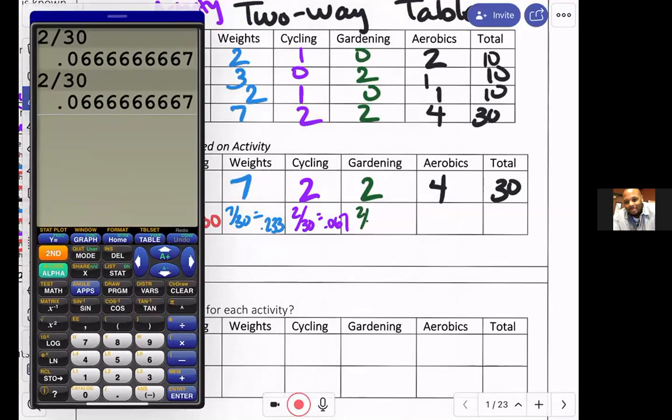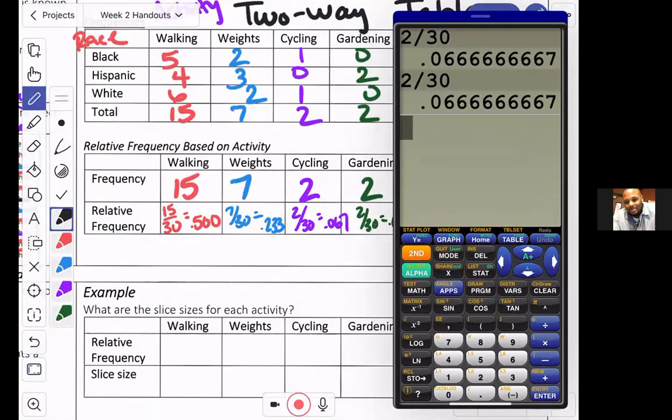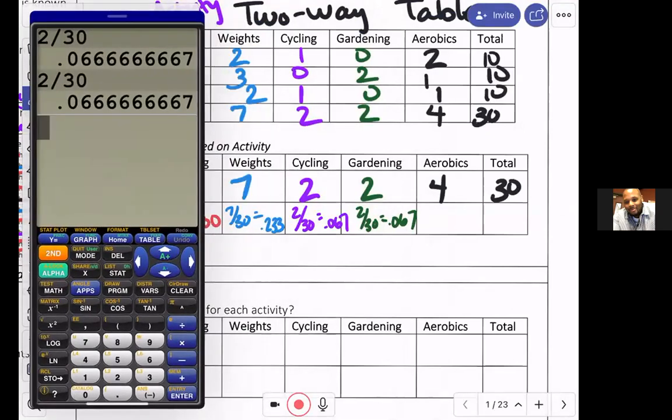Next one, 2 divided by 30, we know it's 0.067. And then the last one is 4 divided by 30, 0.133.